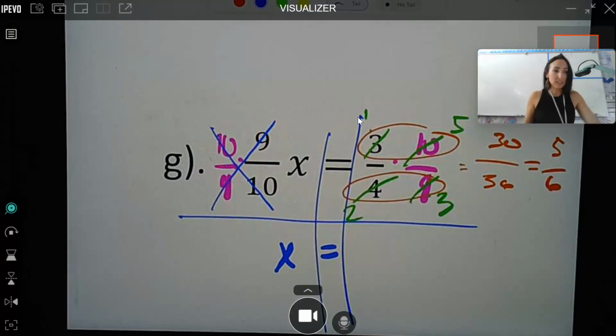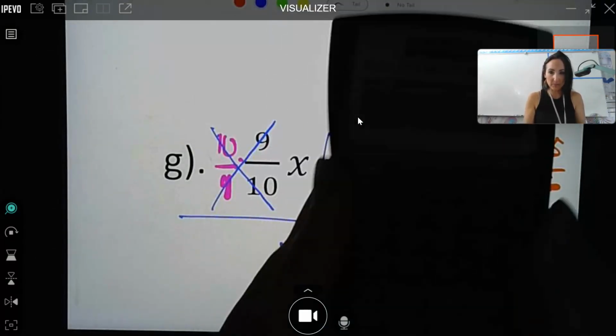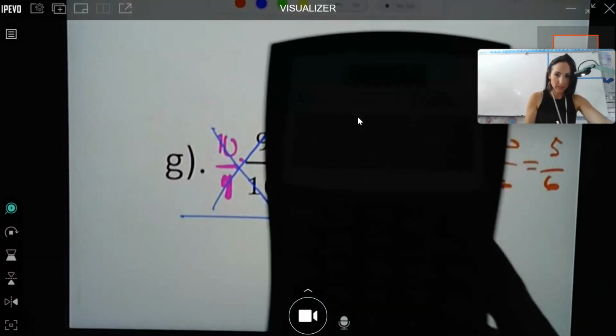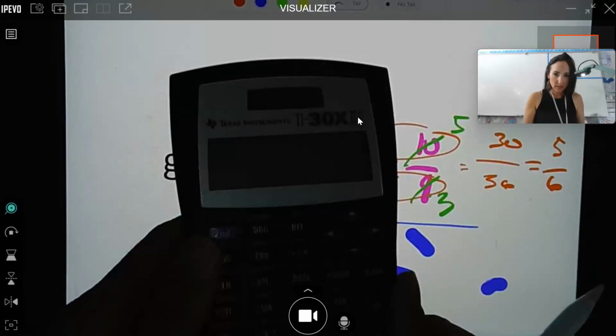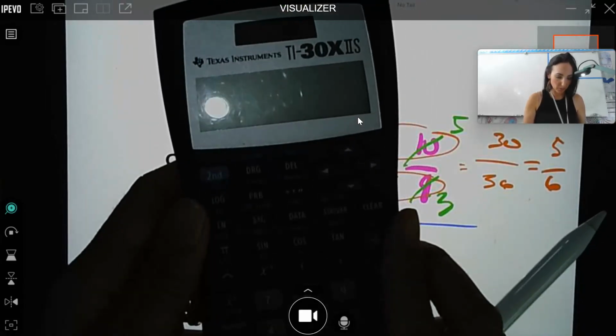Or since we're in module 2, we can use our calculators now. And our calculators can do fractions. Oh no, where's the light here? So I can use this calculator, which is not showing up in the light right now.